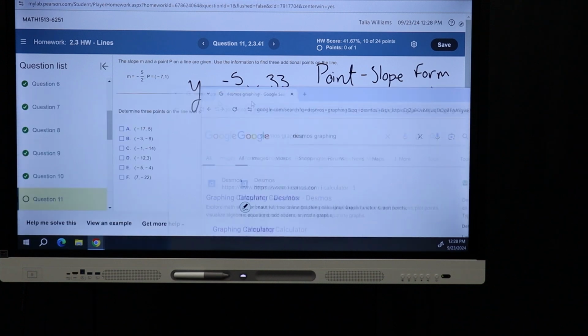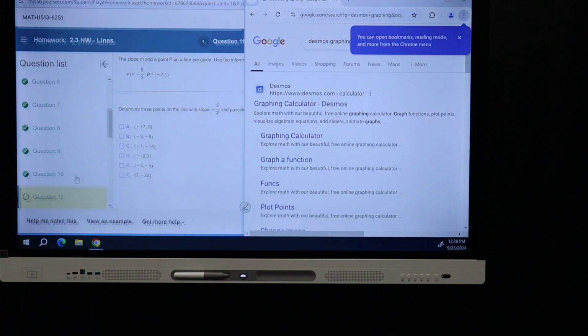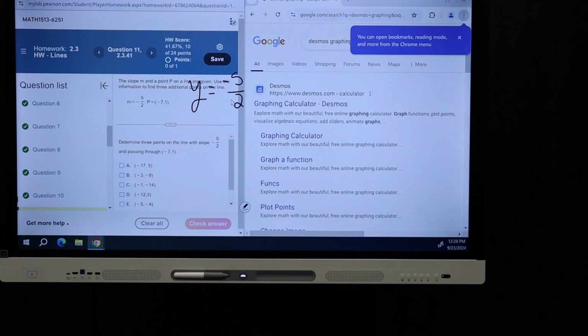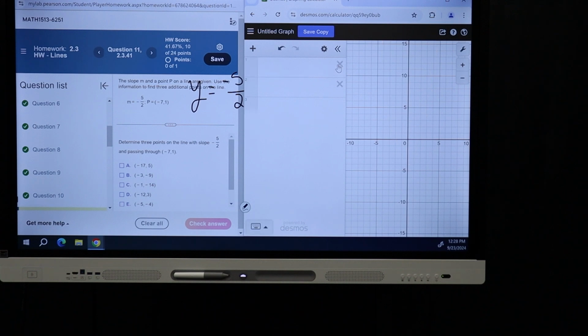Okay, so it's called Desmos Graphing Calculator. That's what I'm going to use. Somebody's been on this one. And I'm going to type in the equation we just found, so y equals negative 5 halves x subtract 33 over 2.